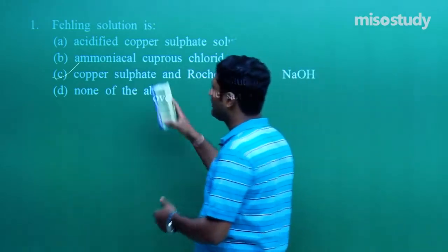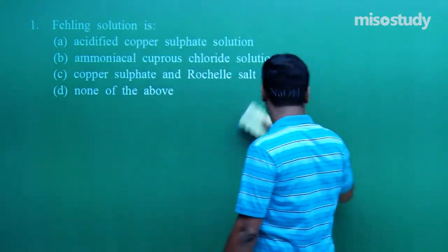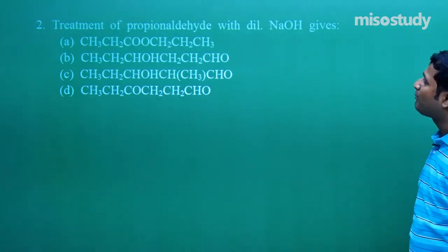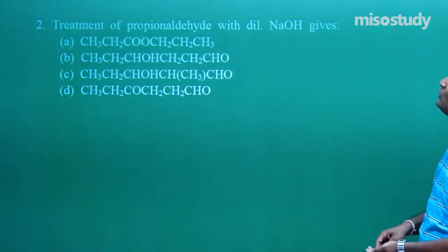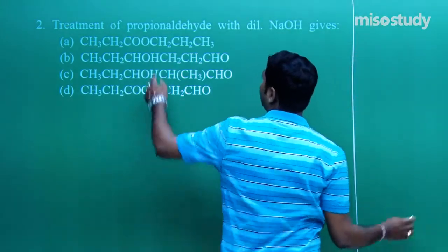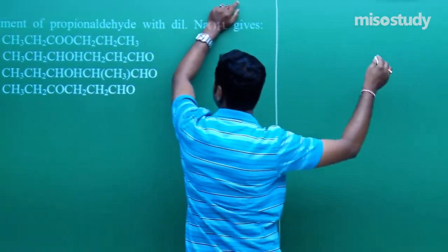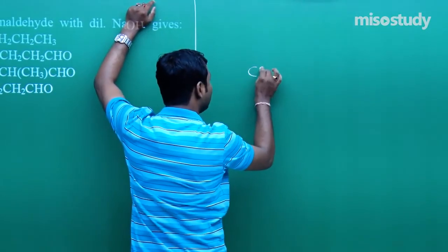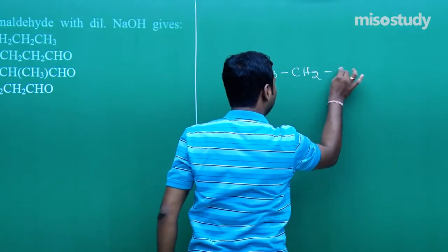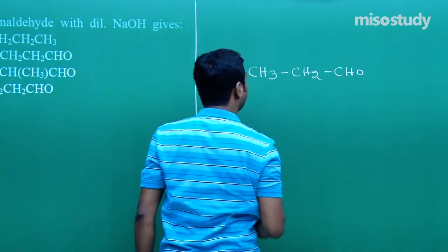Now friend, I am going to rub this part and we will discuss the next one. The next one is treatment of propanaldehyde with dilute NaOH. Look at what is given here. Propanaldehyde, that is CH3CH2CHO.